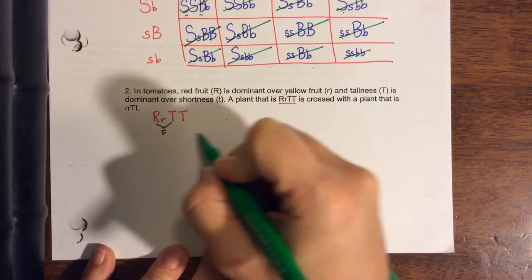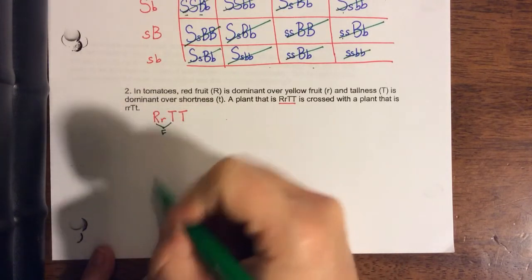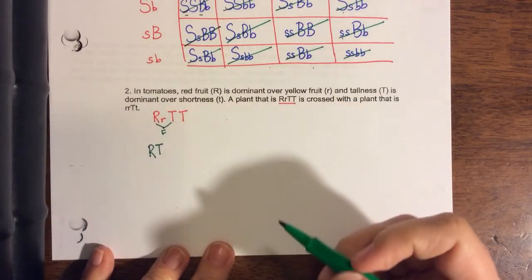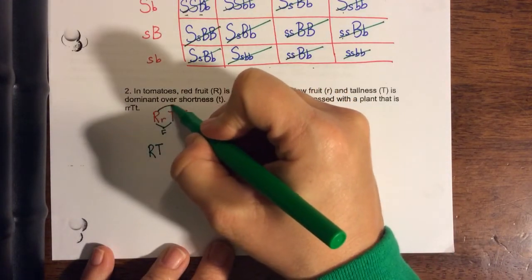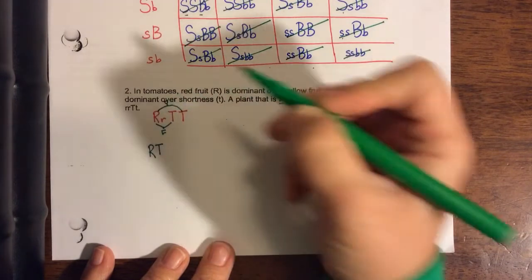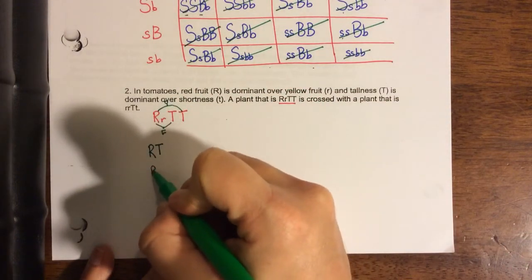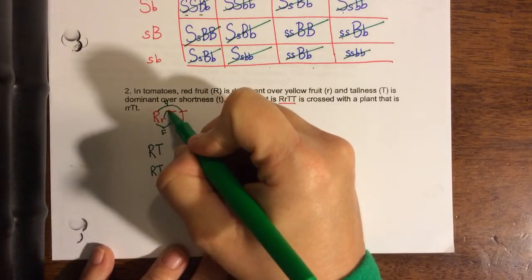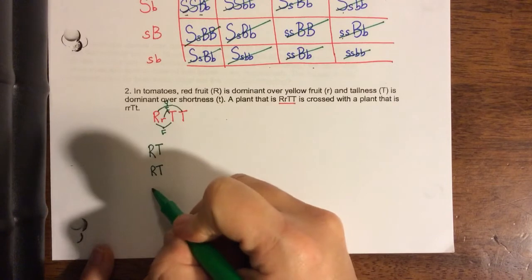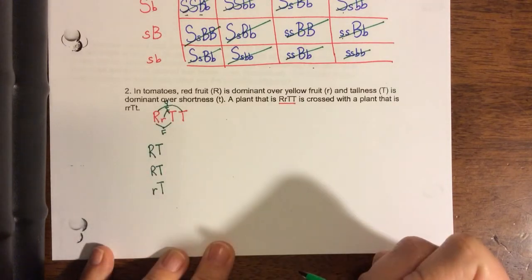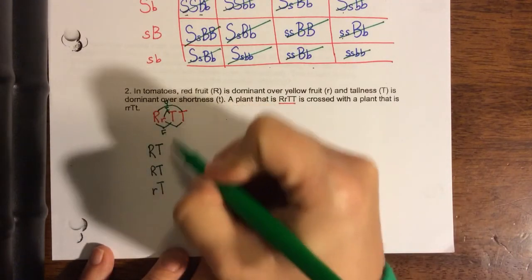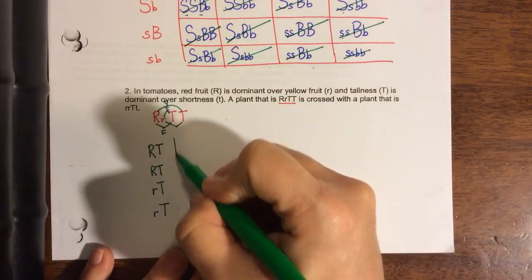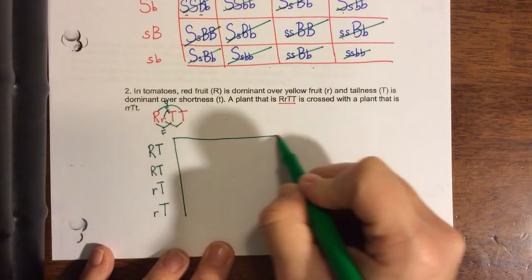So I'm going to put this across the side of my Punnett square: big R, big T. Then we go outside, so that's these two outside terms, and that's also big R, big T. Then we have our inside terms, which is little r, big T. And finally, the last terms of the pair, which is little r, also big T. And so that's one side of the Punnett square.